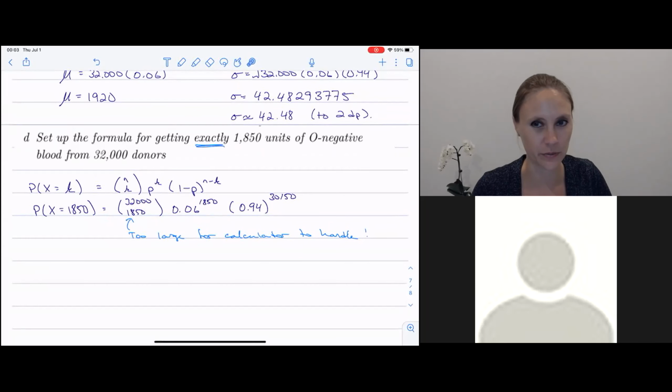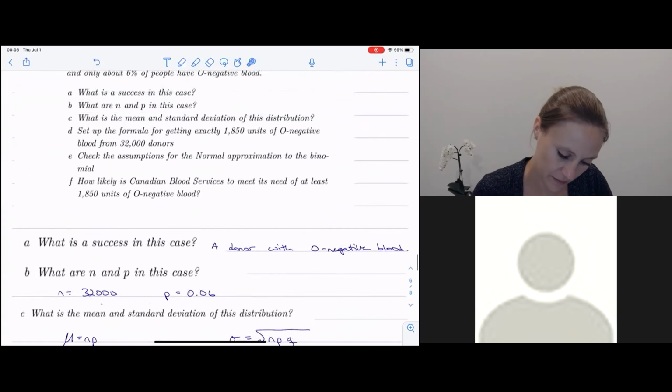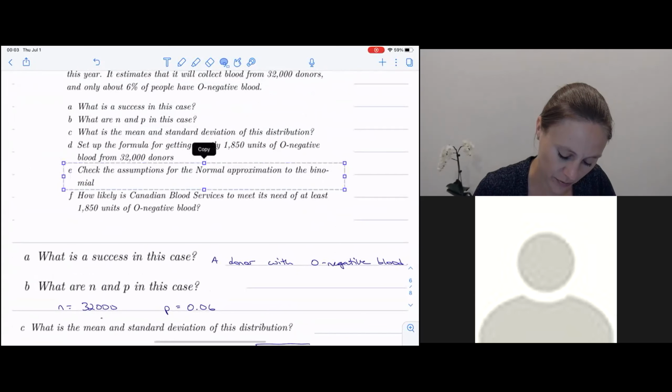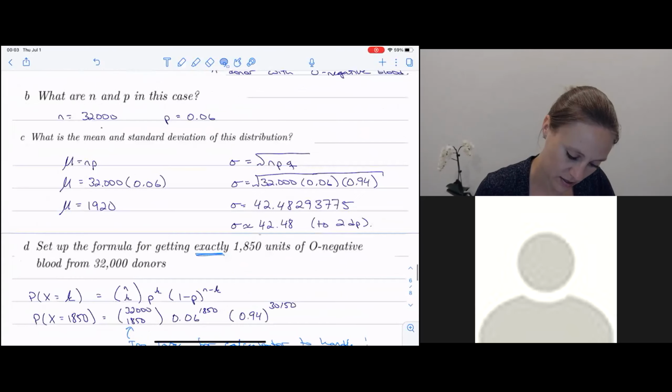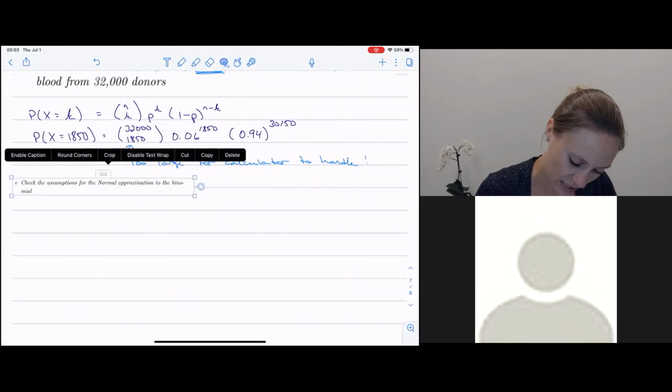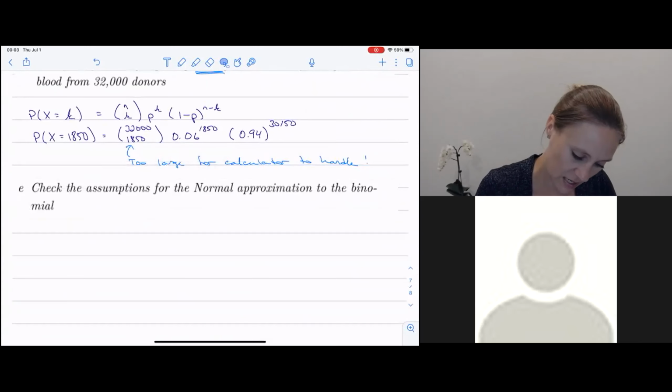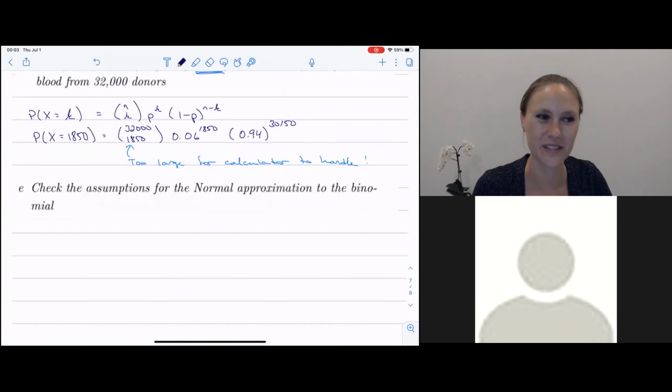Right? No. We're not going to do that. That's why we have the normal approximation. Someone was thinking, hey, there's got to be an easier way. It's insane. And there is. It's an approximation, but it's a pretty good approximation.